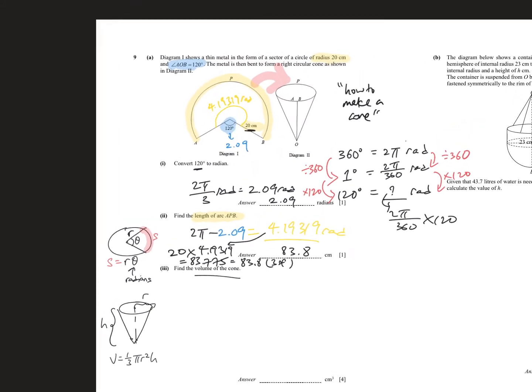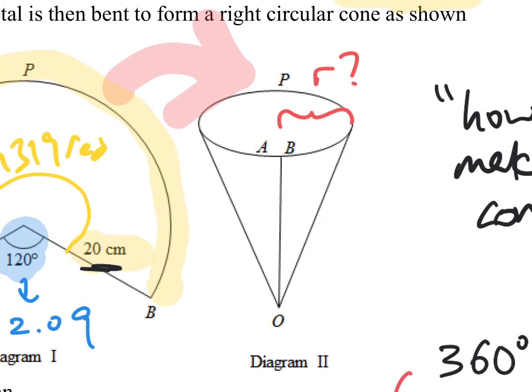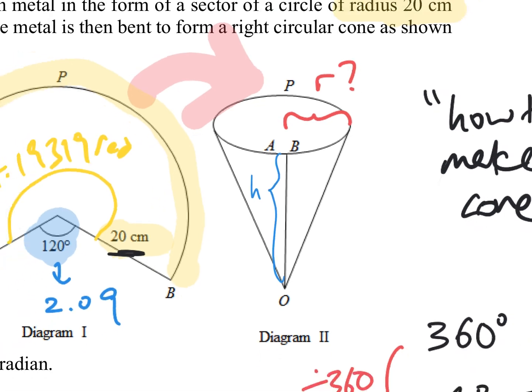So we look here, do we know what r is? Let's just label it. It doesn't seem that we really know that right now. And then we also ask ourselves, do we know what h is? Now h is the vertical height. Do we know what h is?